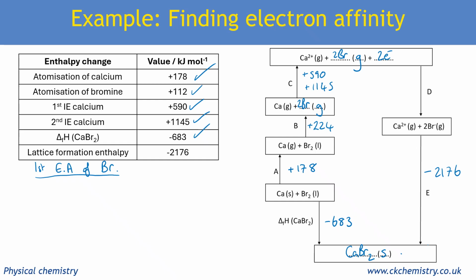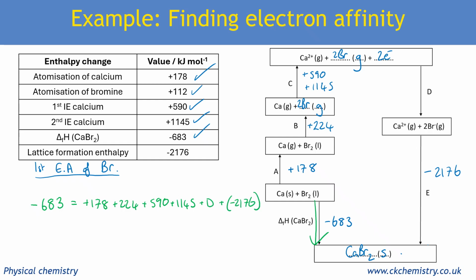Right, okay, so we are going to use exactly the same strategy as we did before. Lattice enthalpy is the direct route. Sorry, not lattice. The formation enthalpy is the direct route. Equals plus 178 plus 224 plus 590 plus 1145 plus D plus minus 2176.